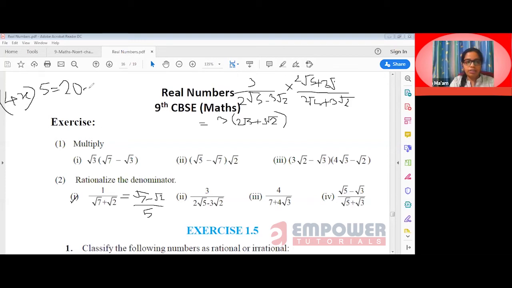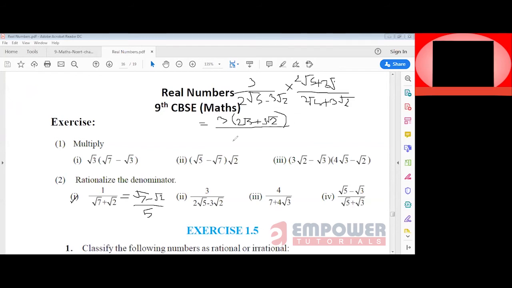So what are you doing over here? You are multiplying the number, plus x. Same thing you have to do over here. Consider it as a variable, okay? So that's how you can solve. Compare it with the variables, so you apply the same rule as we apply with variables.